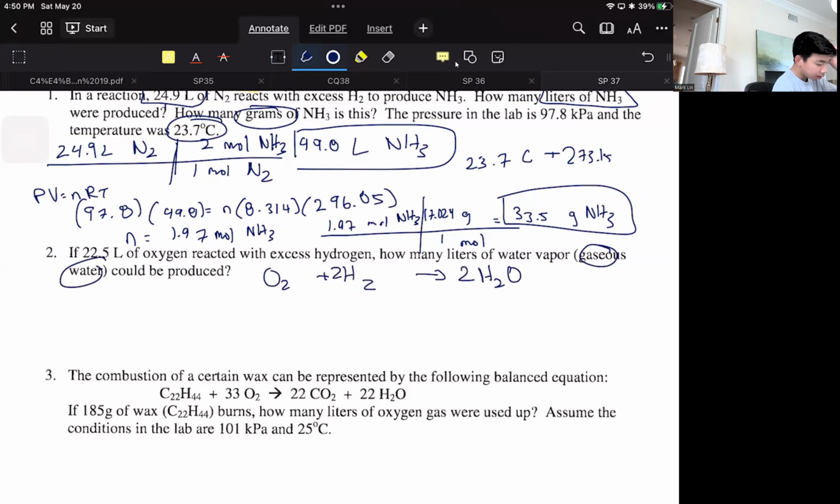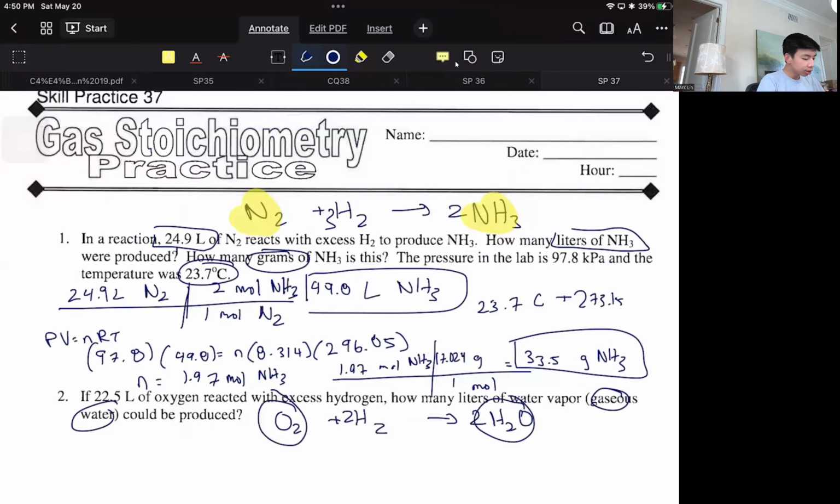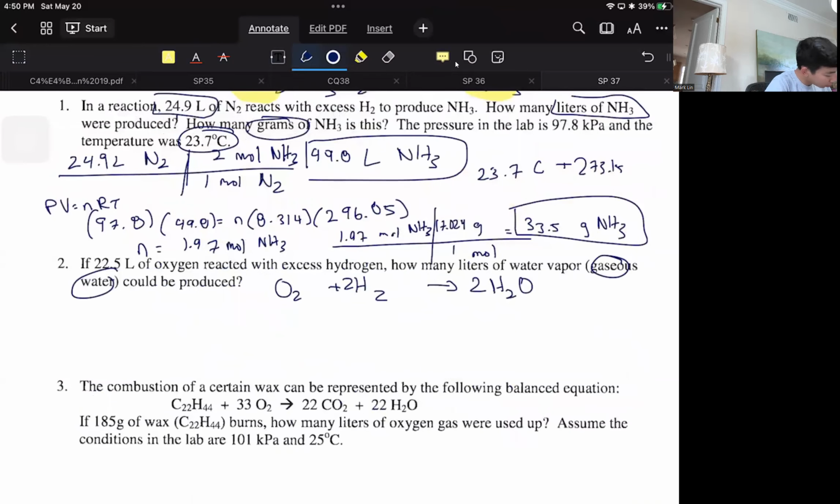Okay. And so in the question, you have 22.5 liters of oxygen, and we want to get liters of H2O. So we have liters of O2, we want to get to liters of H2O. And so this is just volume to volume. This is the exact same concept as the first part of question 1. So it's going to be 22.5 liters of O2.